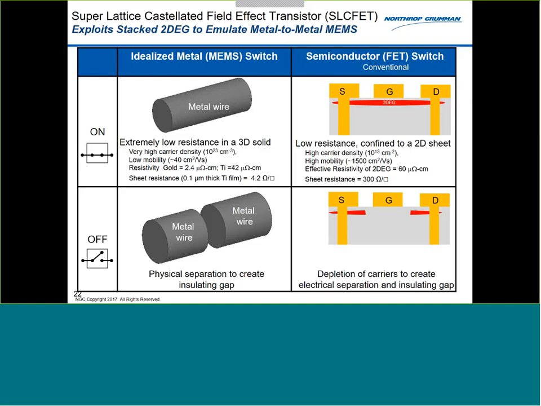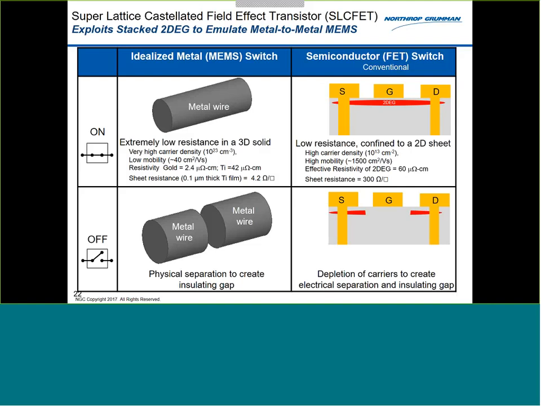If I zoom in on that sheet charge very locally, on the atomic scale, I find that the high carrier density gives an effective resistivity very similar to that of a metal, because we're just talking a few nanometers thickness for that two-dimensional electron gas. And likewise, in the off state with the metal MEMS, I just separate those pieces of metal. In a semiconductor, if I deplete out those carriers, I get the same effect.